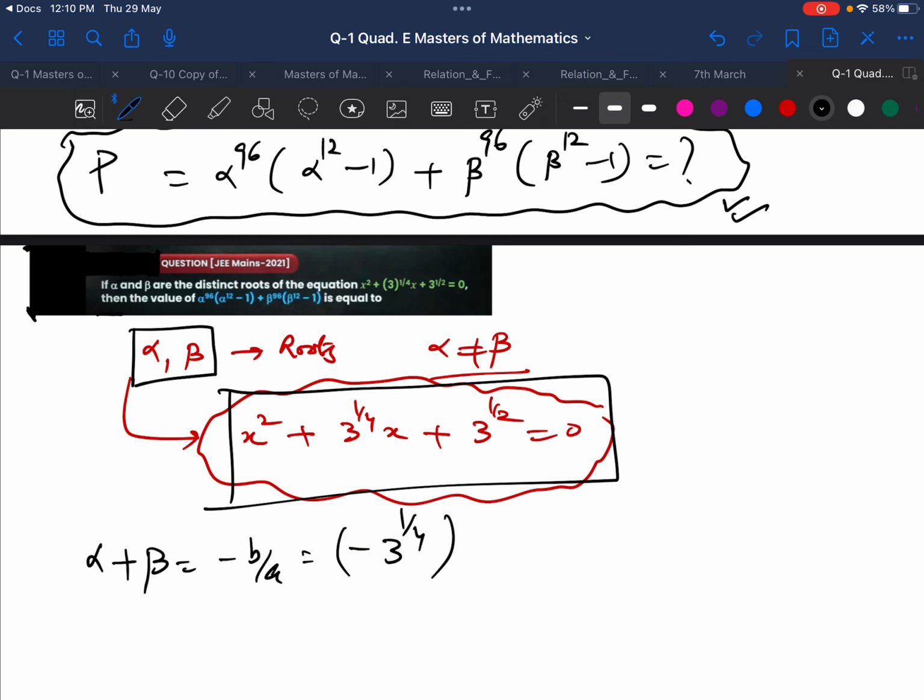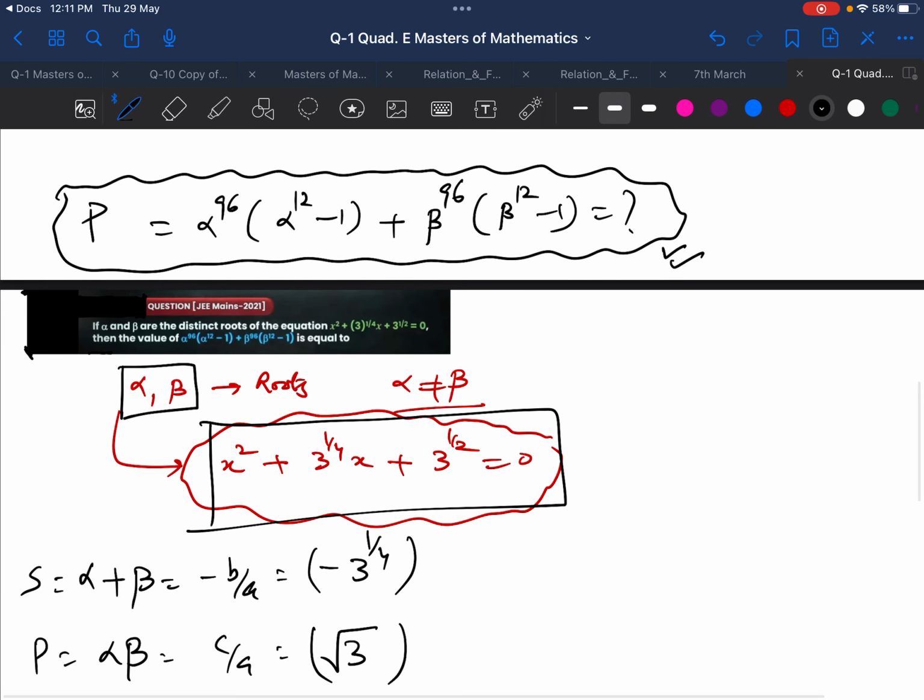So that is minus 3 raised to power 1 by 4, and the product of roots, alpha beta, is c by a, that gives us 3 raised to power half, which we can write as square root of 3, right? Now we have to think how to reach this expression.